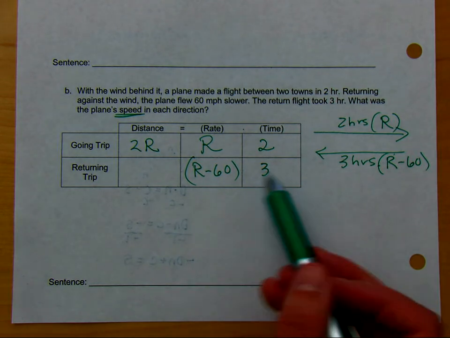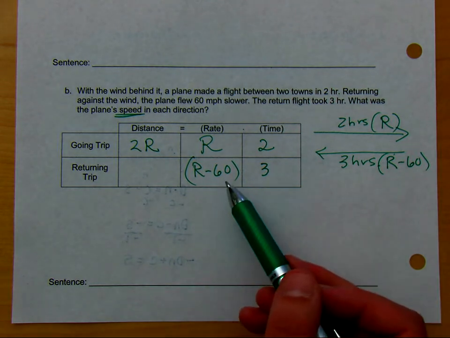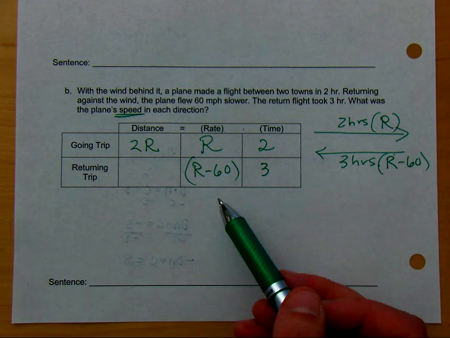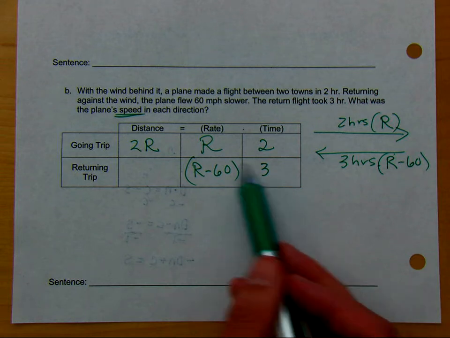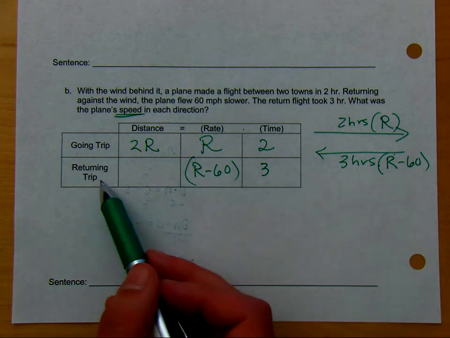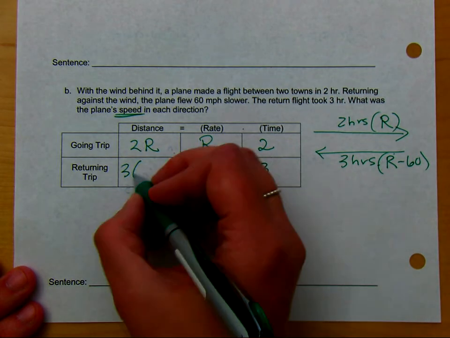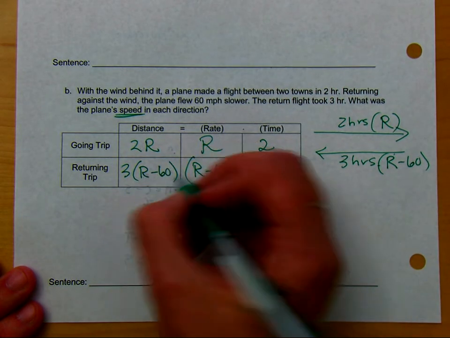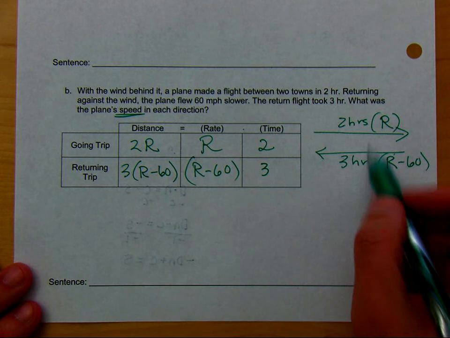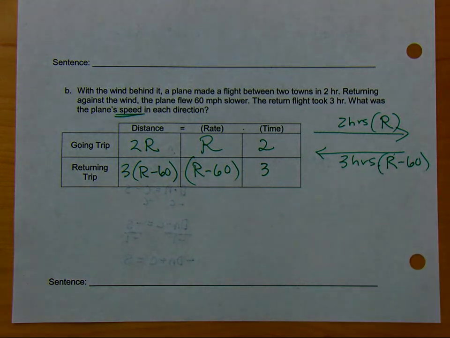So in a way, the table is set up a little backwards because you almost want the distance to be on the other end of the table. And then how would you determine the distance on the return trip? Well, 3 hours times whatever the rate was, R minus 60. Do you know anything about these two distances?